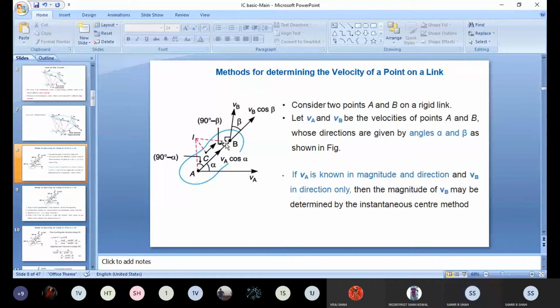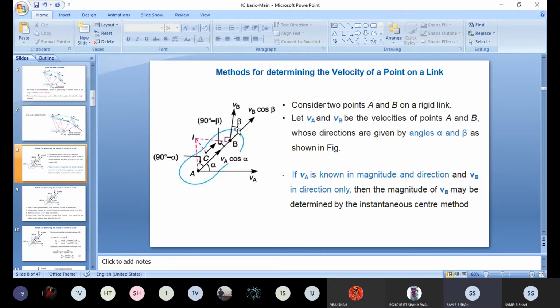Let VA and VB be the velocities of points A and B. This is the velocity VA, velocity of A, and VB, velocity of point B, whose directions are given by angles alpha and beta respectively.